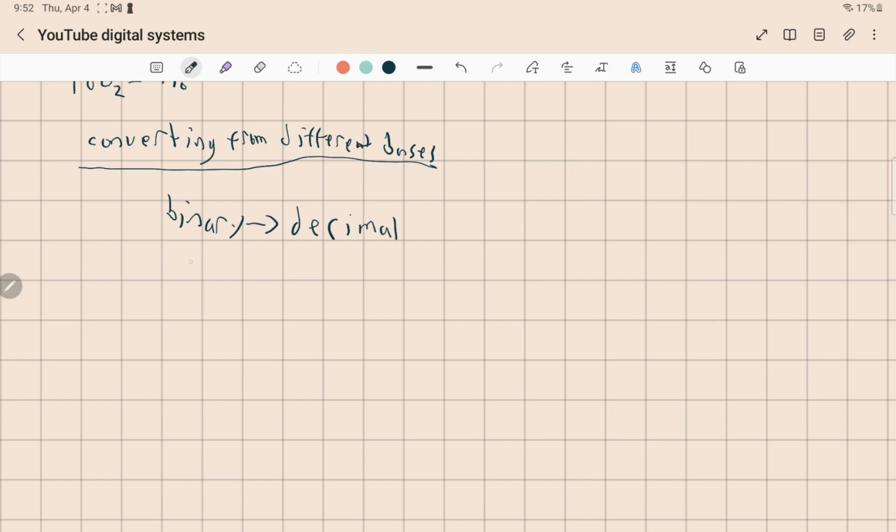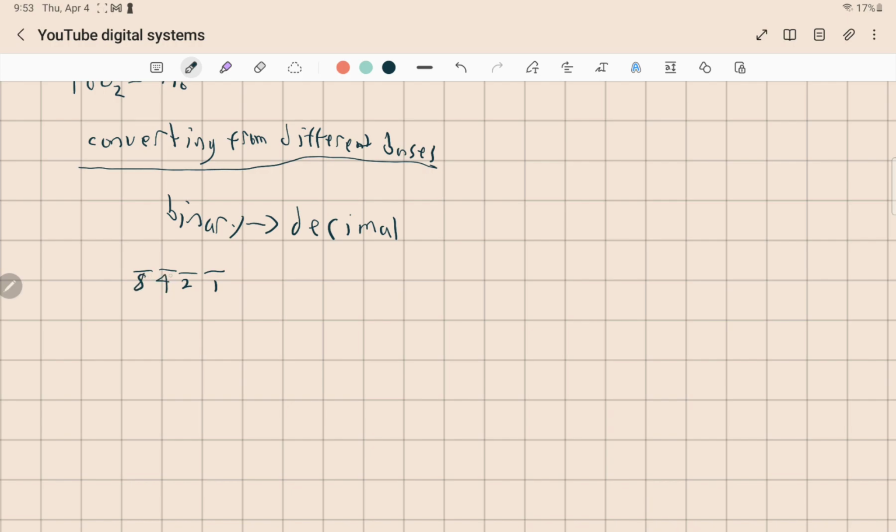So in binary, let's say we have 4 digits. The first one will be times 1. The second one will be times 2. The third one will be times 4.